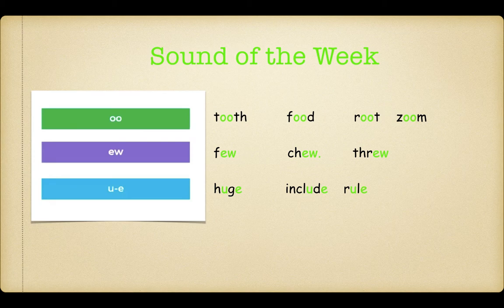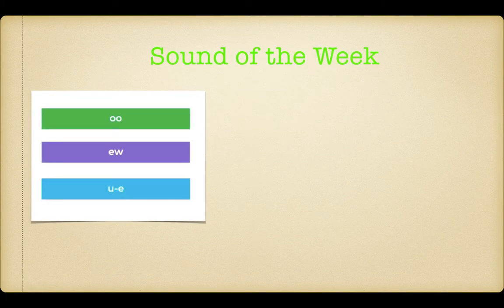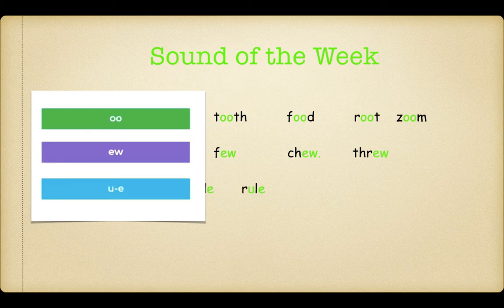Tooth, food, root, zoom, few, chew, through, huge, include, rule. So sound of the week once again, tooth, food, root, zoom, few, chew, through, and last of all, huge, include, rule.